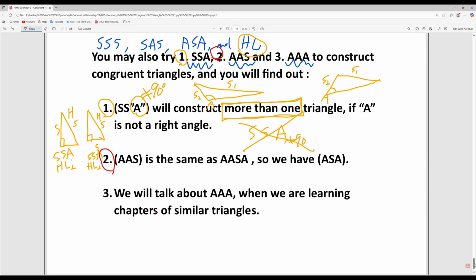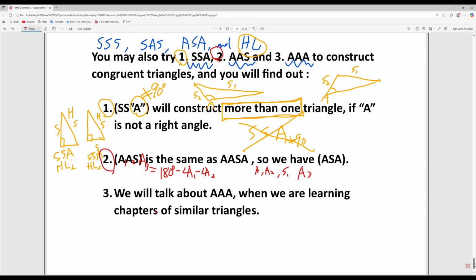AAS. Basically, if you have angle 1 and angle 2, then angle 3 is already there. Angle 3 equals 180 degrees minus angle 1 minus angle 2. So if you want to construct one congruent triangle with angle 1, angle 2, and one side, by calculating, you already have angle 3.